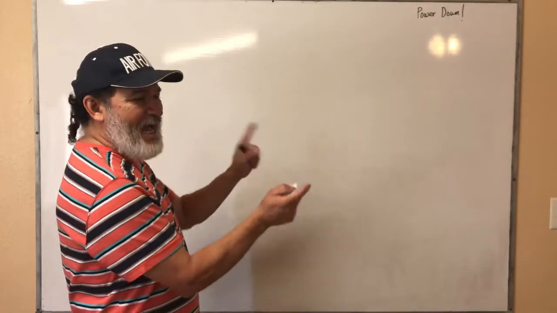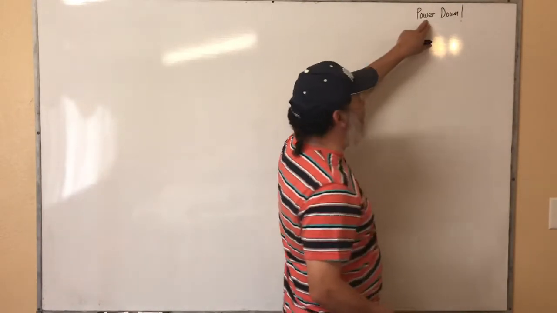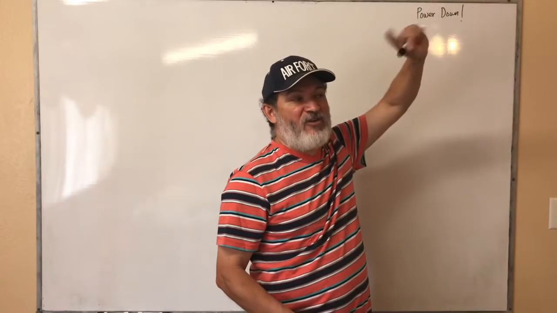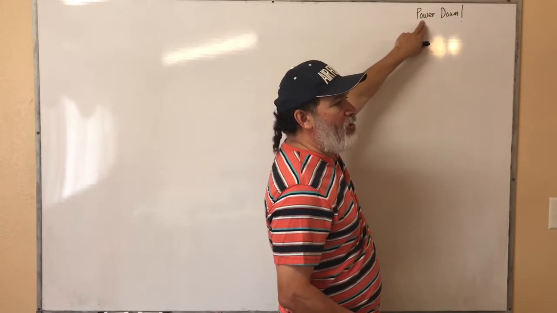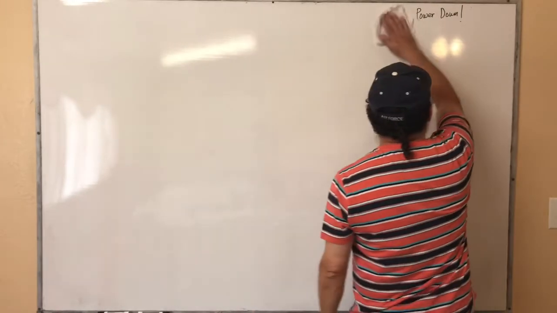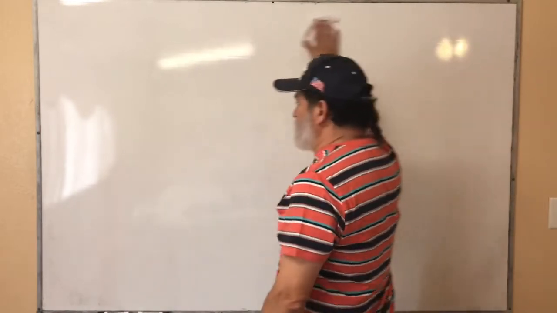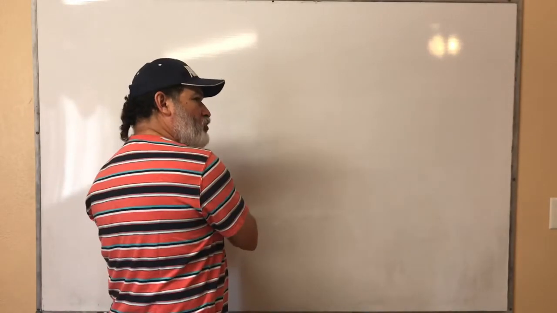Instead of power, you can write variable because the variable is in the power. So you better say variable down for exponential equations. For logarithmic equations, you're going to say variable out.